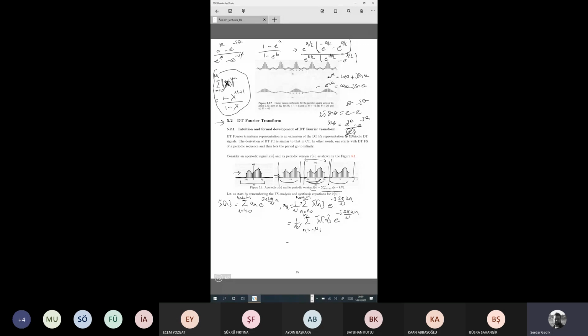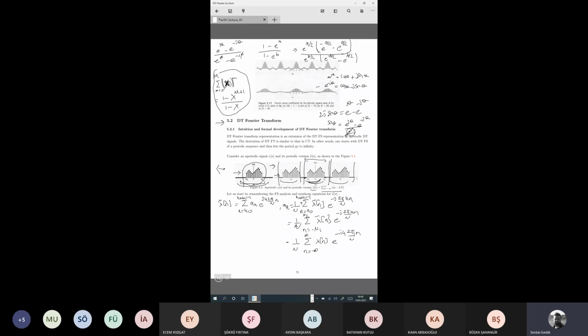So if I continue, this is nothing but 1 over N summation n from minus infinity to plus infinity x of n e to the power minus j k 2 pi over N. So x of n is non-zero except this interval, so I can for sure extend the limits to plus minus infinity because it is only non-zero within this interval.